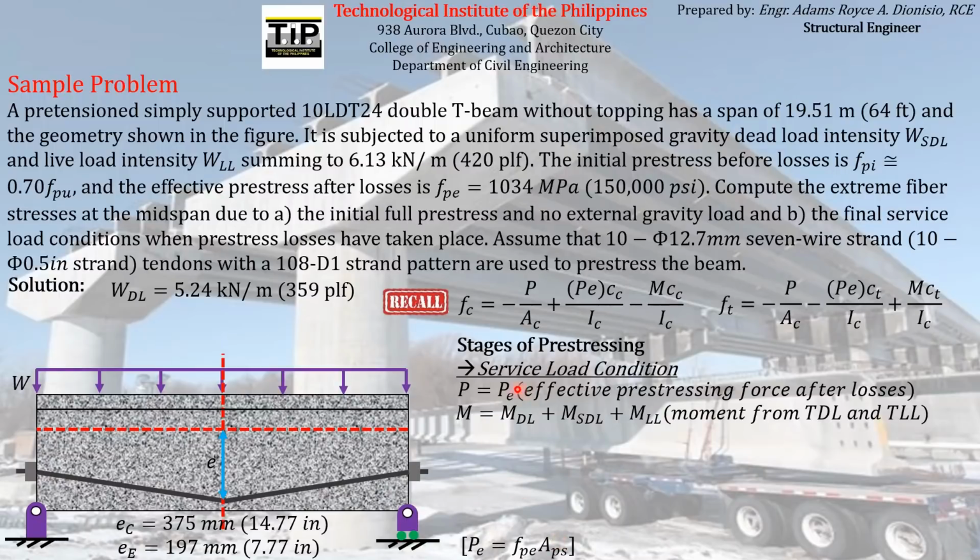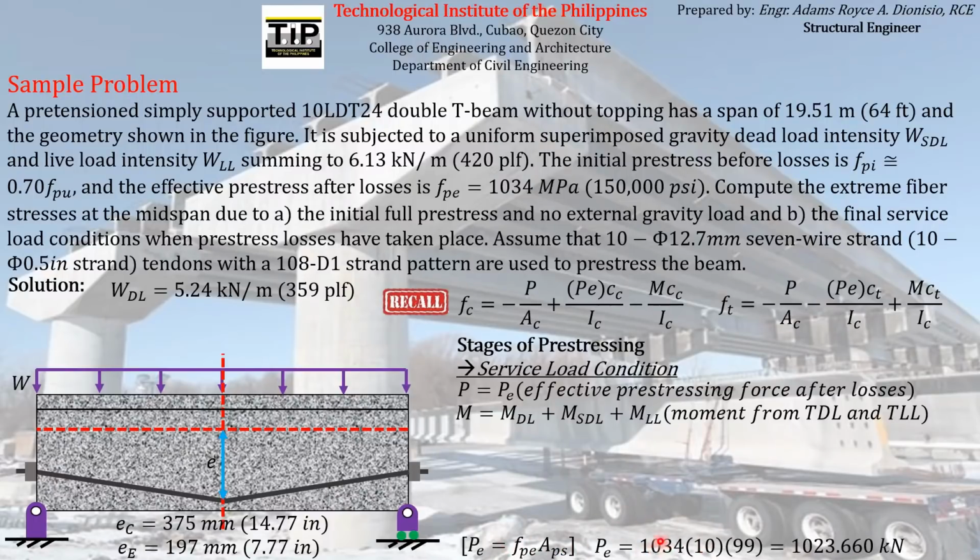But since we are considering the effective pre-stressing force, PE, the stress must also be the effective pre-stress, which is given on the problem equal to 1034 megapascal or 150,000 psi, and the total cross-sectional area of the pre-stressing reinforcement, which is 1099 mm squared, 7-wire strand. So we just have to substitute all of those on this formula.